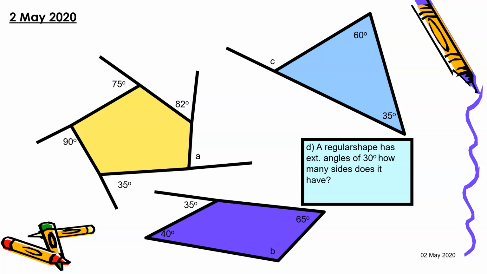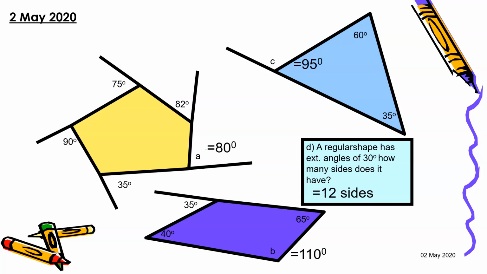Okay, hopefully you gave that a go. Let's take a look at question A. A is equal to 80 by subtracting all those. B is equal to 110, and then C, we should have been able to work that out.